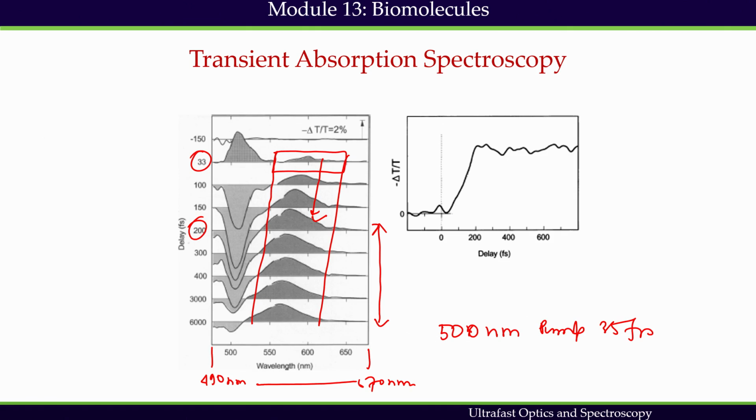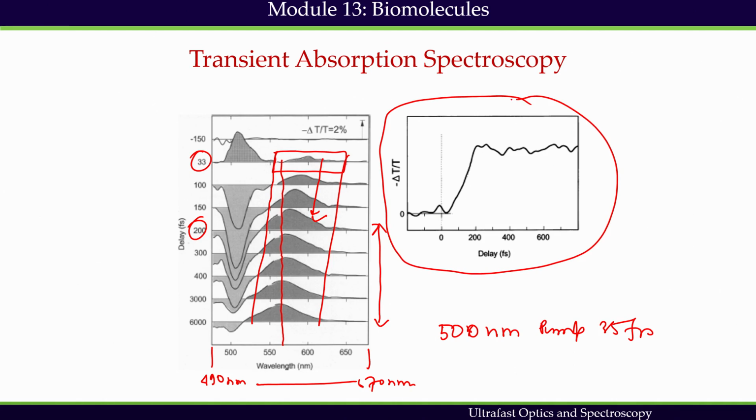Difference absorbance observed at a single probe wavelength, 570 nanometer. So when we consider 570 nanometer, somewhere here, and we check how the strength is changing as a function of time, that's exactly what is plotted here, the difference absorbance as a function of time.